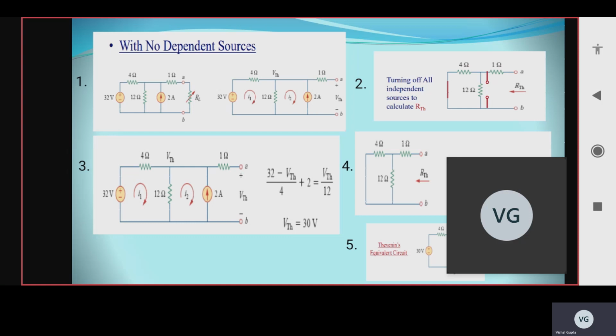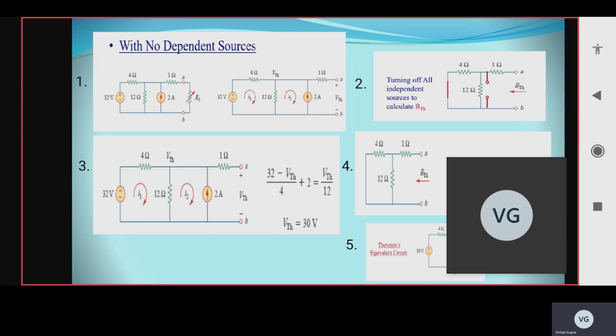So I have listed below the figure of a circuit with no dependent sources. We can clearly see that there is no such type of device, so it has independent sources.